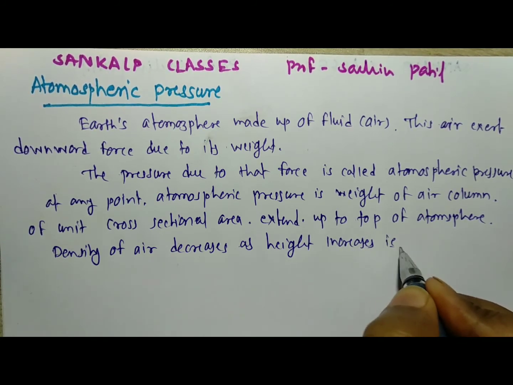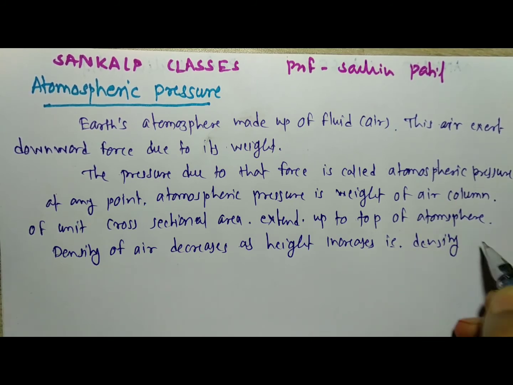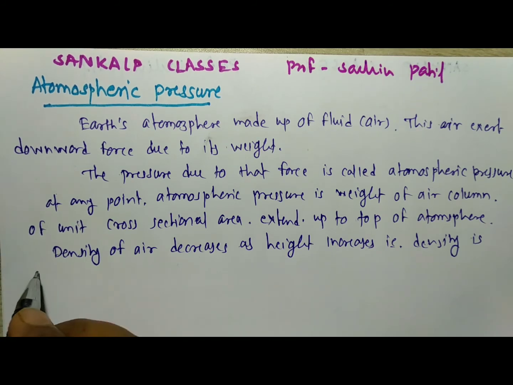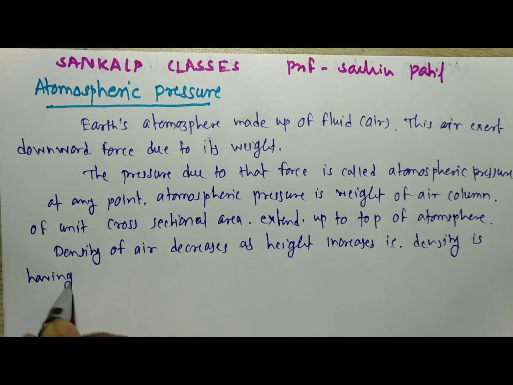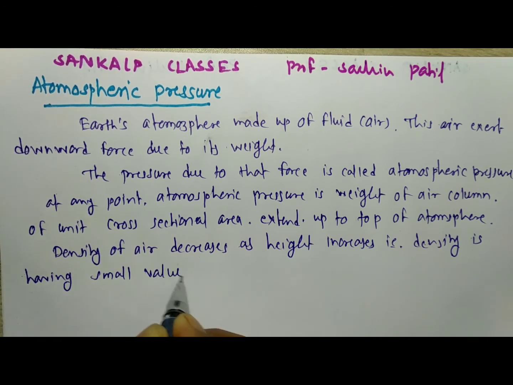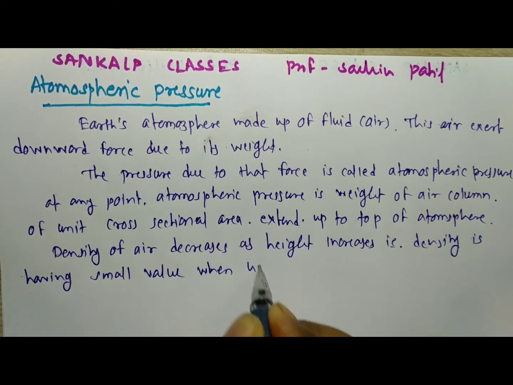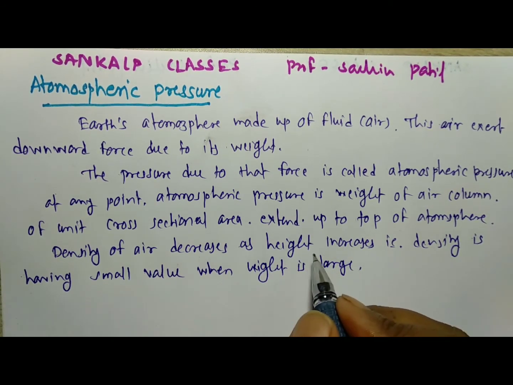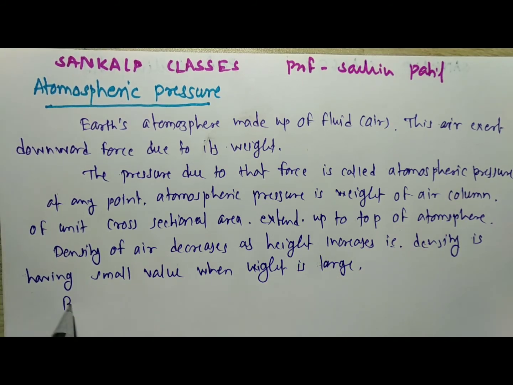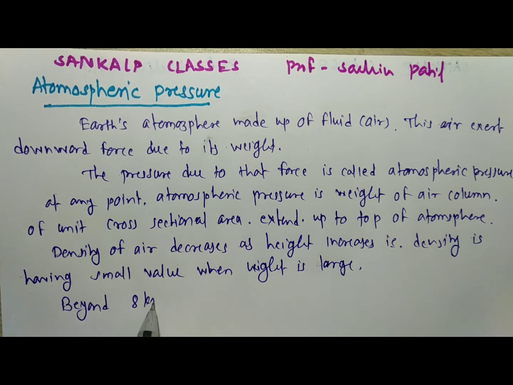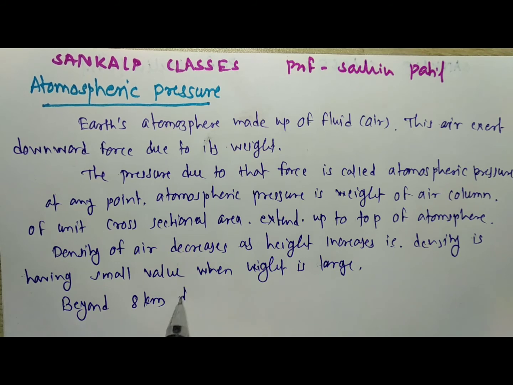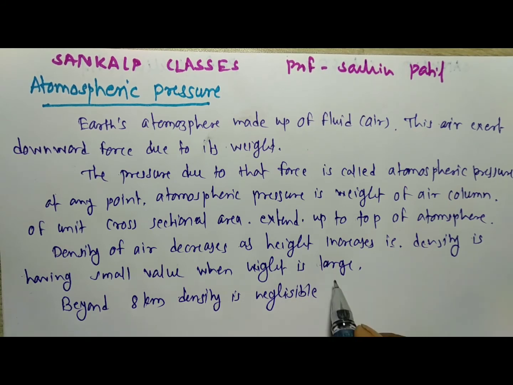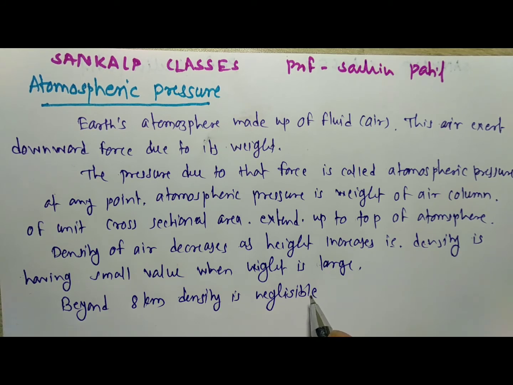That means the density has a small value when the height is large, and beyond 8 km the density is negligible, and therefore you can consider the pressure of an air column of 8 km height.